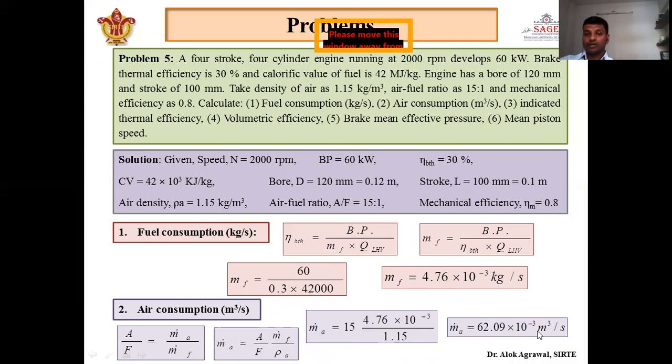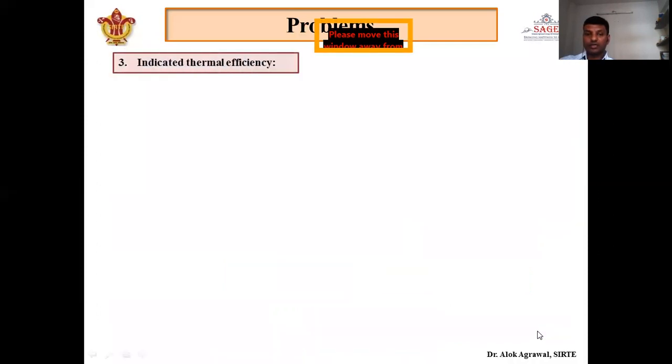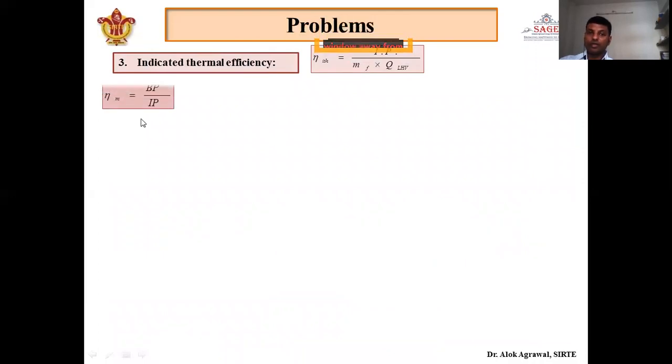Okay. Next one is indicated thermal efficiency. For the indicated thermal efficiency formula, we know it is indicated power upon MF into calorific value. From mechanical efficiency, we can calculate indicated power because brake power and mechanical efficiency are given. In this equation, indicated thermal efficiency is unknown and indicated power is also not given in the problem.